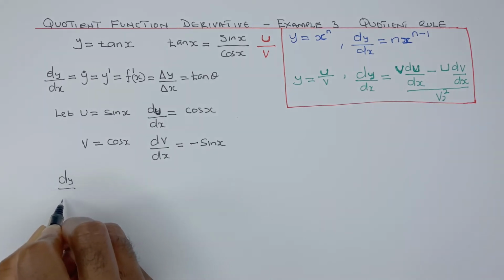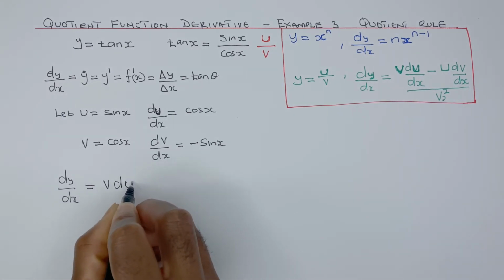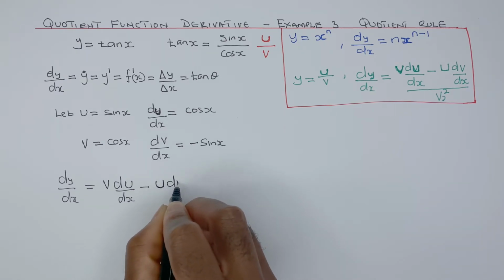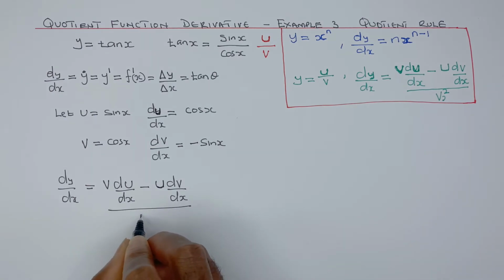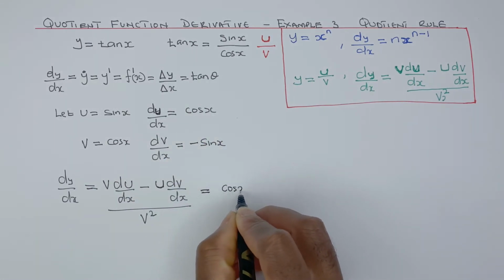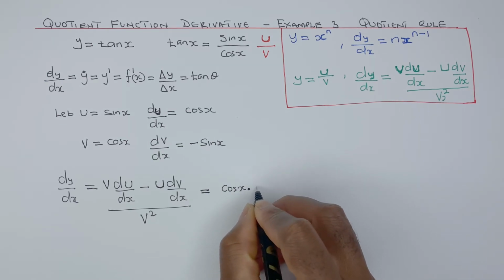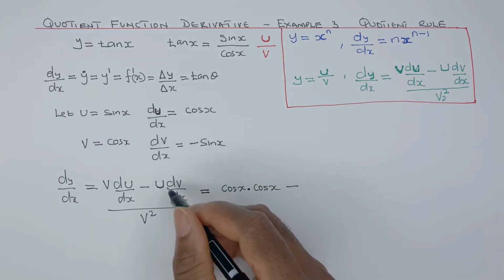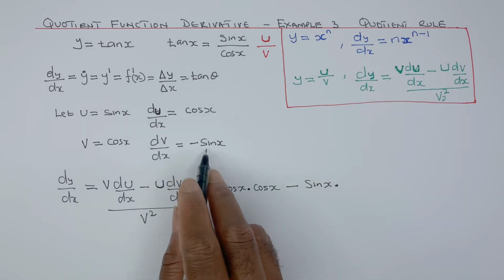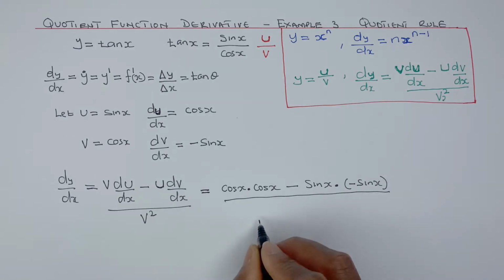So the dy/dx will be v du/dx minus u dv/dx, divided by v squared, and that can be equal to: v, the v is cos of x, du/dx is also cos of x, so that's times cos of x, minus u, sine of x, times dv/dx, which is minus sine of x, over v squared.